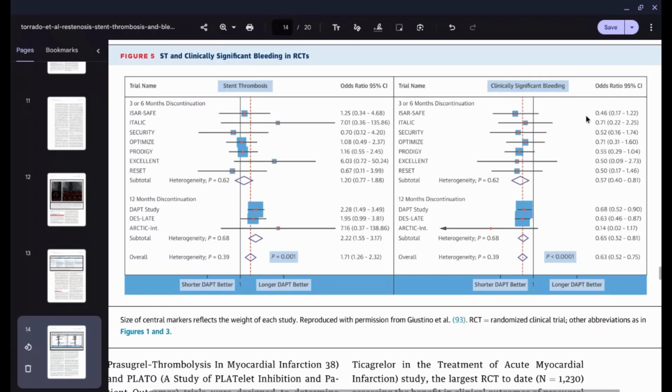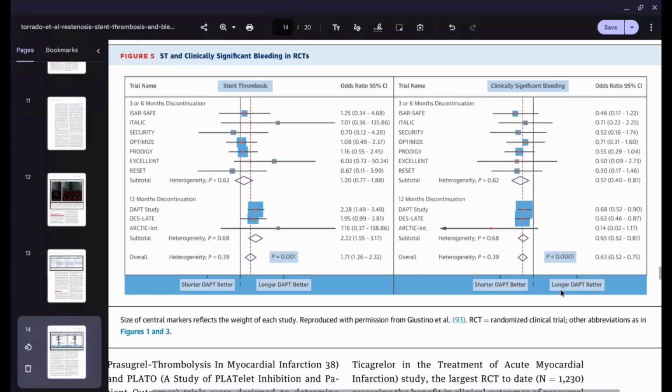Okay, here of course, notice if you're looking at bleeding, what seems to be preferable is shorter DAPT. So in fact, the odds are against longer treatment.